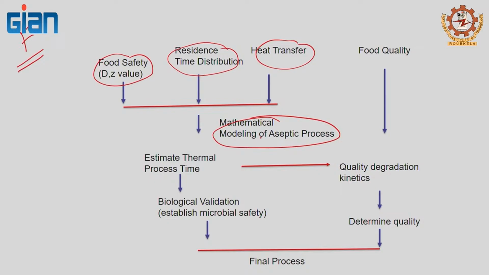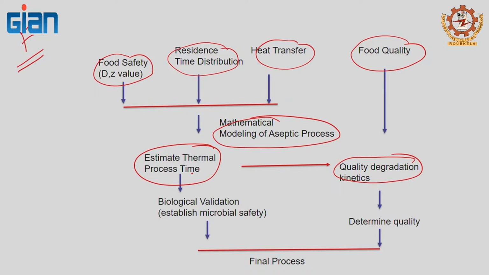Then you use a mathematical model to estimate the thermal processing time, and you also look at the damage to quality, like the destruction of nutrients or texture. So, you study the quality degradation kinetics. Then you establish the thermal process time.